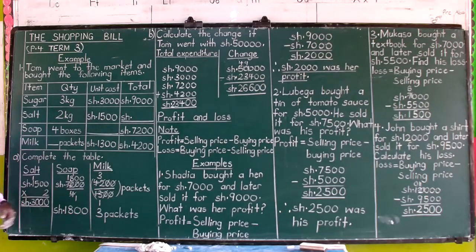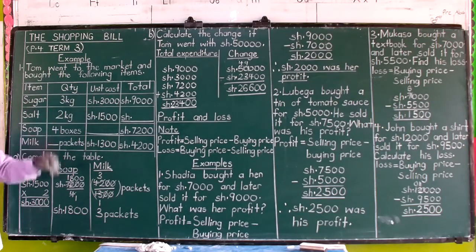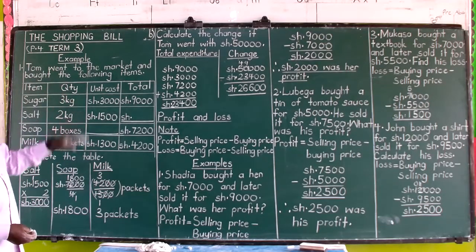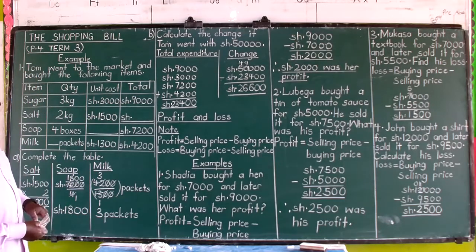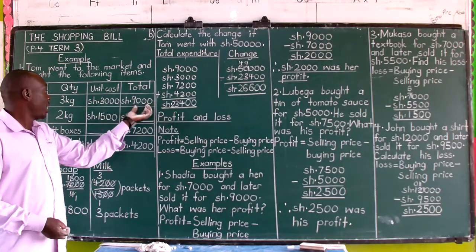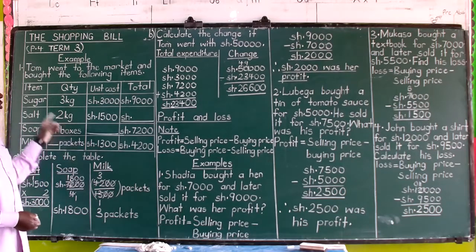Unit cost is the cost per that unit, like this unit is kilogram, so we've got cost of 1 kilogram, here cost of 1 box, cost of 1 packet, if they are liters, cost of 1 liter, that's what's called a unit cost. Then the total here or amount is that amount one pays for that particular item, like sugar.